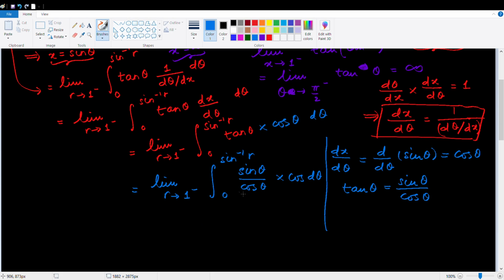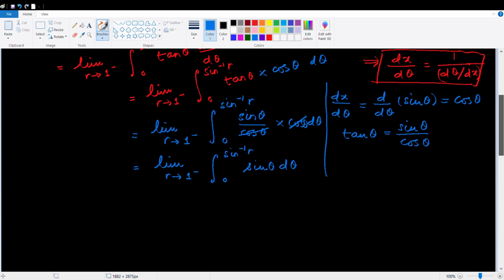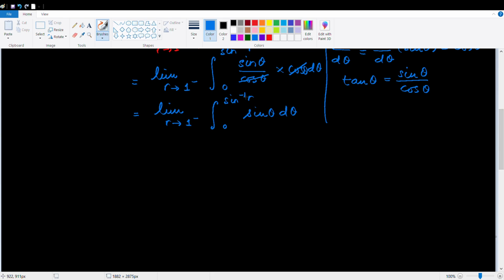Alright, now we can cancel out these two cos theta to get the limit r tends to 1 from minus, 0 to sine inverse of r, sine theta d theta. Okay, this is what we're going to get.